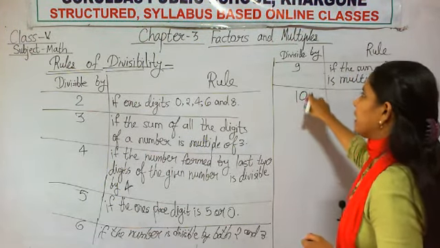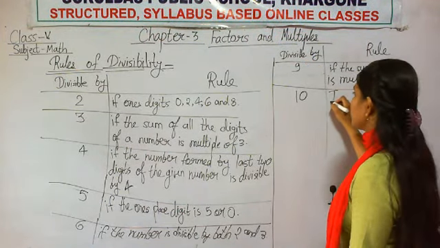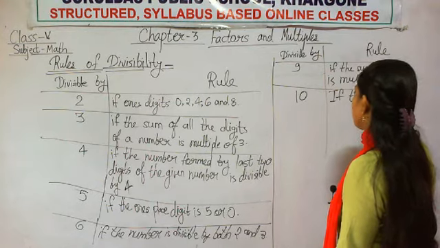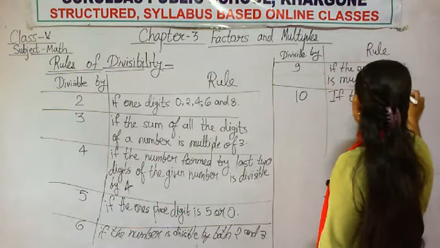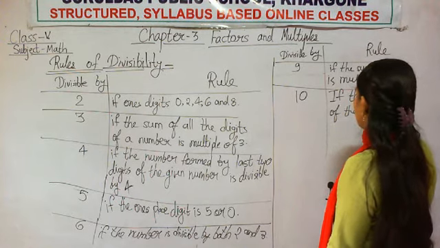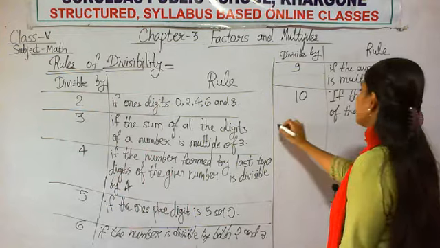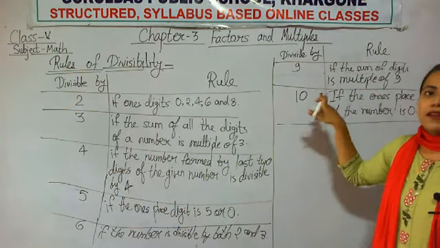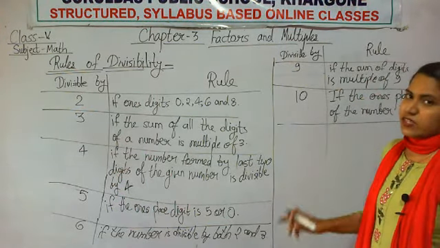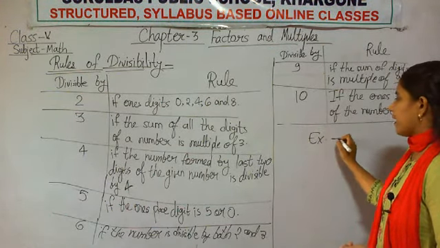Now divisible by 10. If you want to check the divisibility by the number 10, what is the rule? If the ones place of the number is 0, then you will conclude that the given number is divisible by 10. Let us understand this by an example.